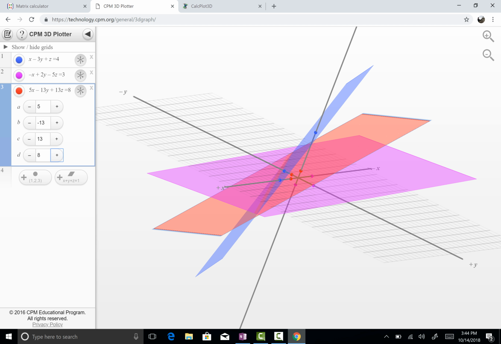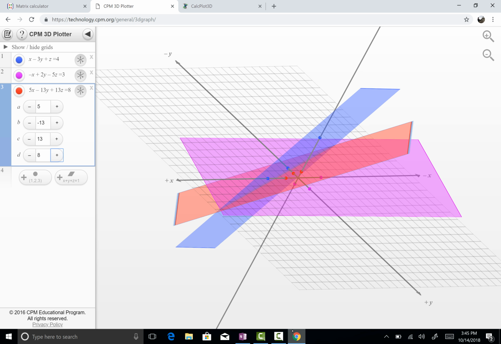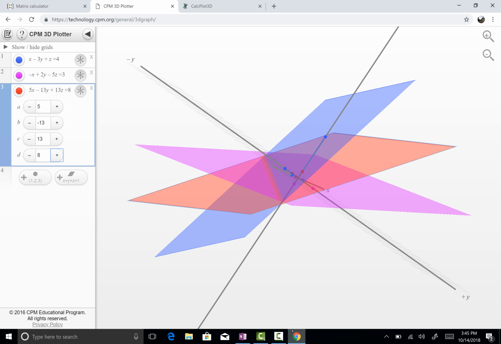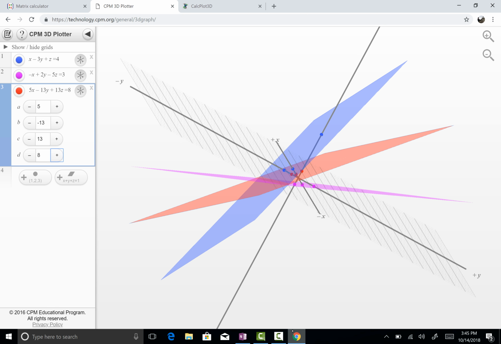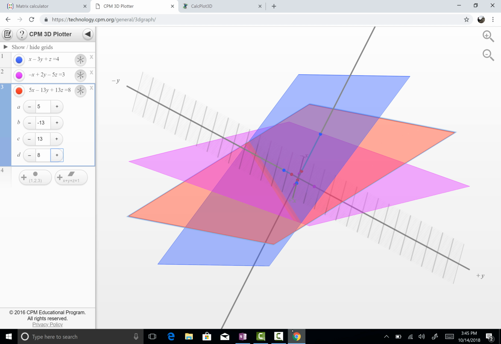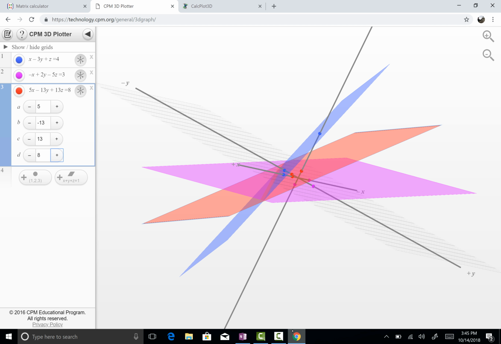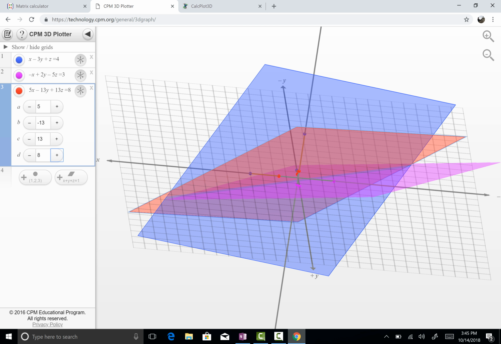Make sure I got these correct. But in reality, what we should get here is no solution. So I'm wondering if something went wrong with it, if I did this right.